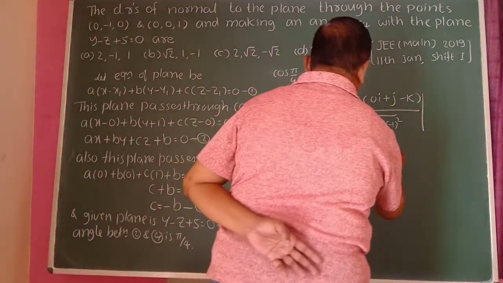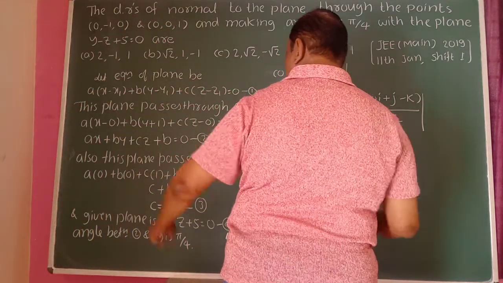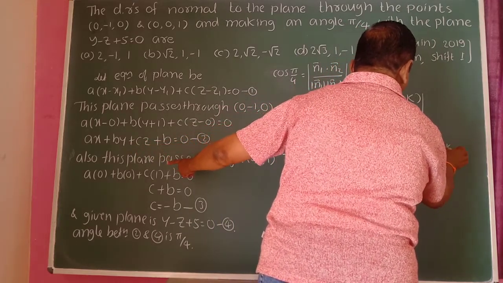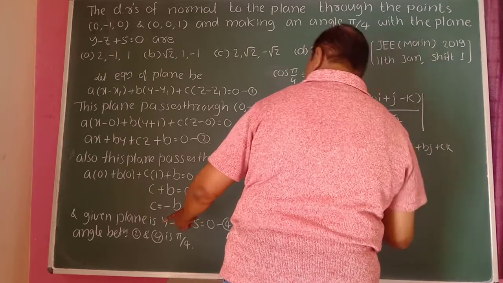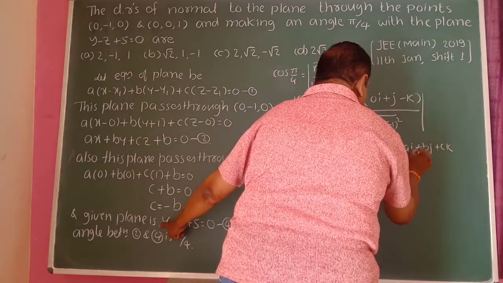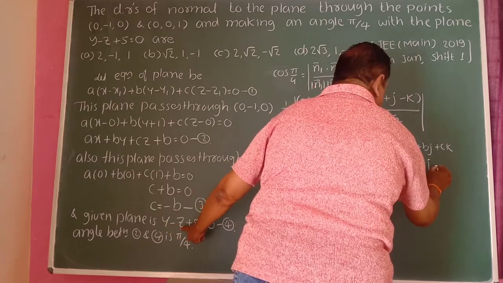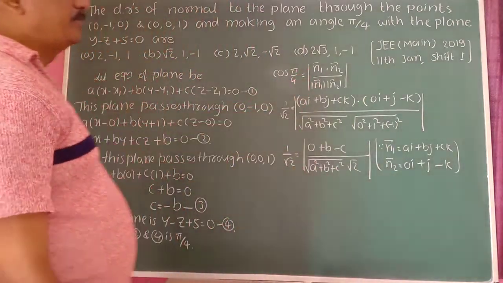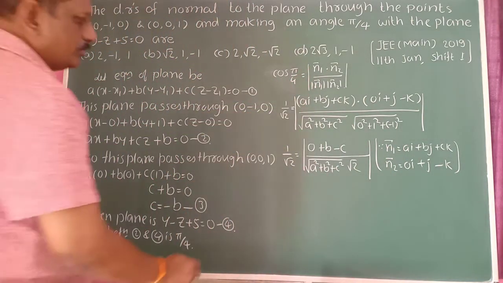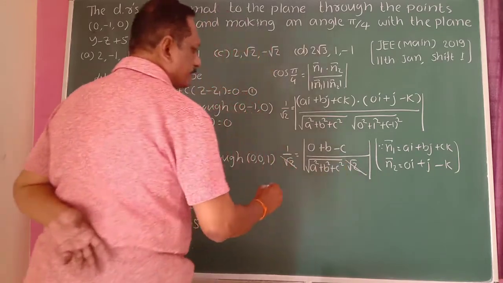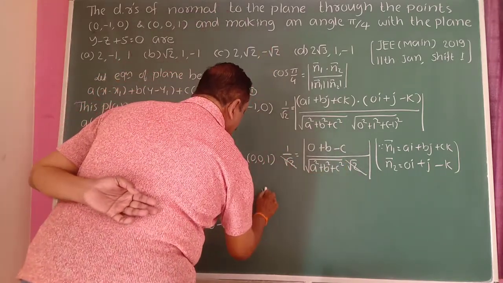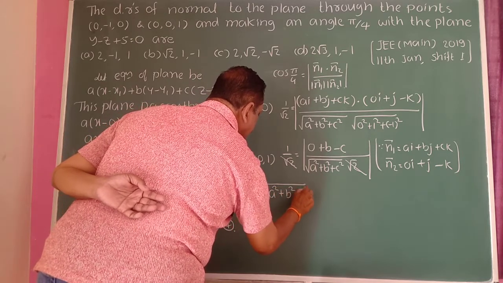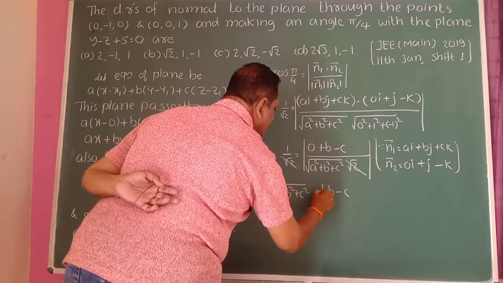Here n1 bar is ai plus bj plus ck, and n2 bar is 0i plus j minus k. These are normals to the planes. Then this root 2 cancels. Taking this term to this side, root of a square plus b square plus c square is equal to b minus c.